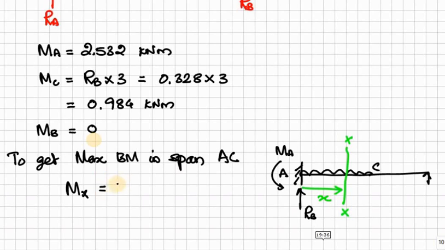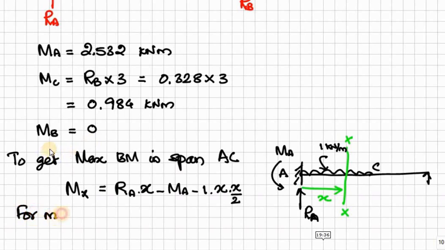So Mx is equal to RA into X minus MA, the negative moment, then again this UDL negative moment, so minus 1 into X into X squared by 2. So for maximum, dou Mx by dou X is equal to 0. That is to get the distance at which we will get maximum.